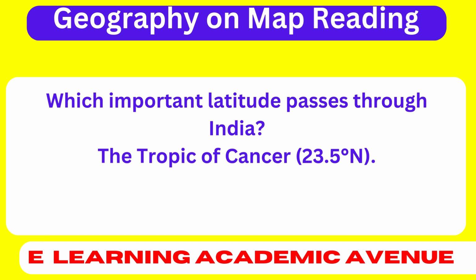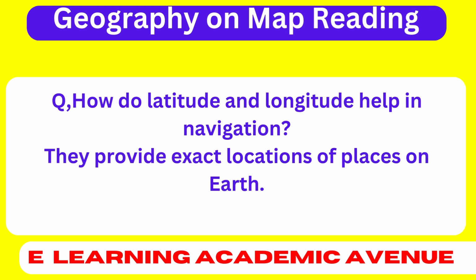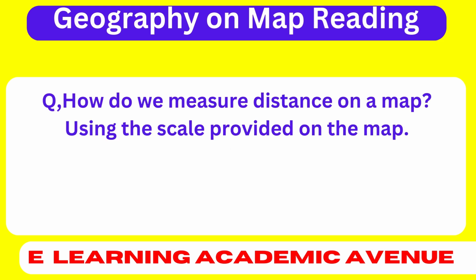The Tropic of Cancer, 23.5 degrees north. Question 70. How do latitude and longitude help in navigation? They provide exact locations of places on Earth, using maps for measurement and distances.